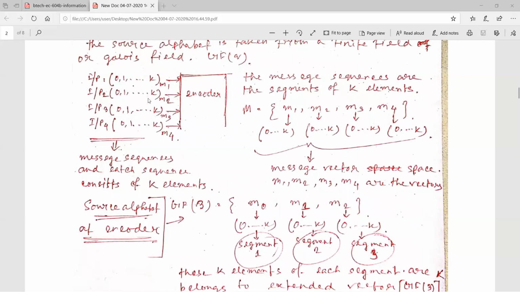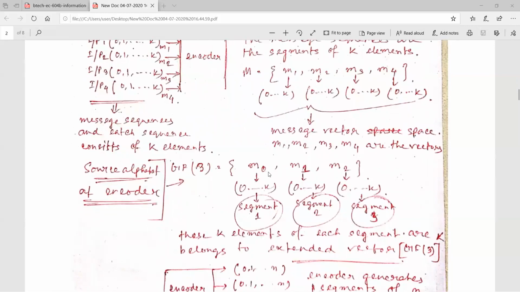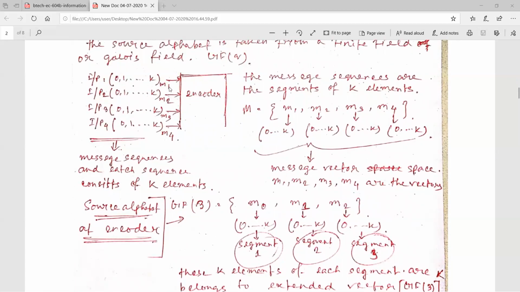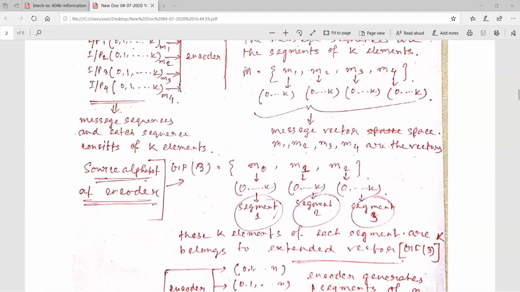The set of M1, M2, M3 and M4, or here written M0, M1, M2, M3, is the alphabet, the total set of messages. This representation is called the alphabet, which consists of these 4 message segments. So this is the source alphabet of the encoder.